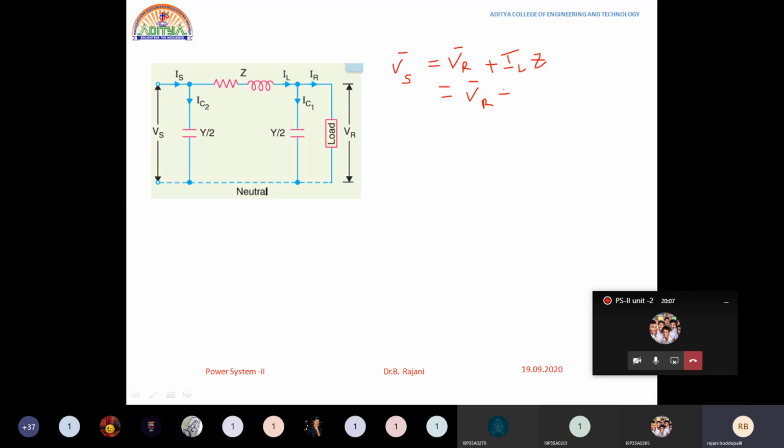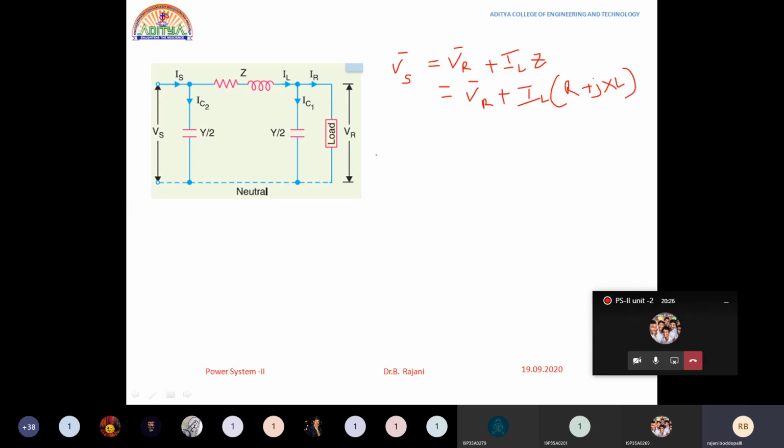VR plus j0 we have considered, plus IL into R plus j into XL. I can write like this.